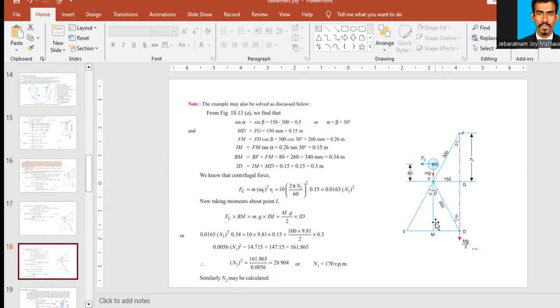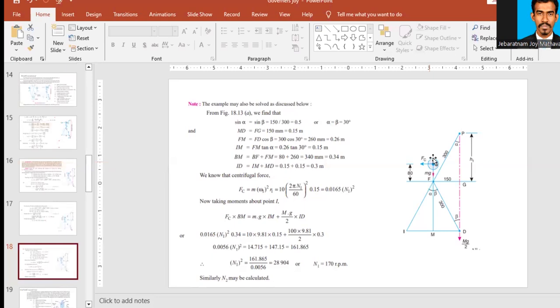And Fm is equal to Fd cos beta. So Fd we know is 300, this angle we know, 30, which will give you 300 cos theta, that is equal to 260 millimeter. So Fm we have already found.